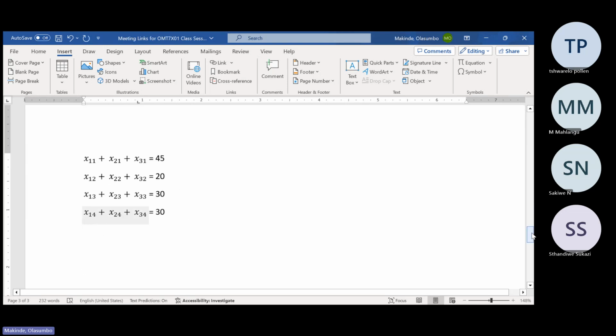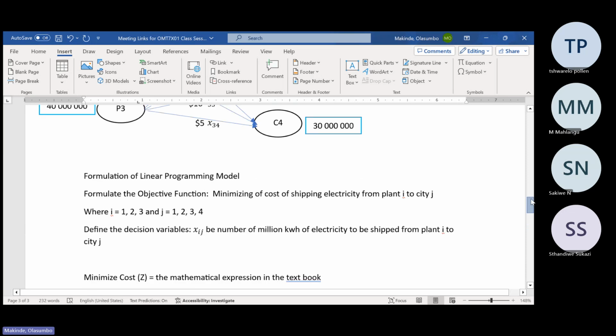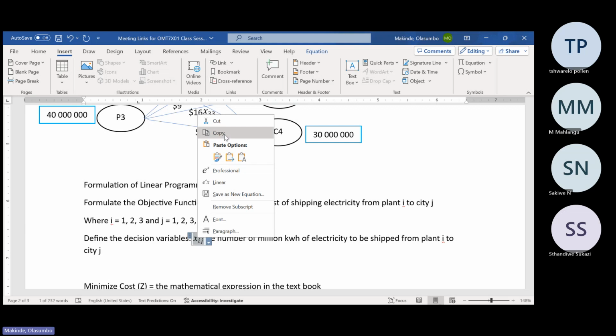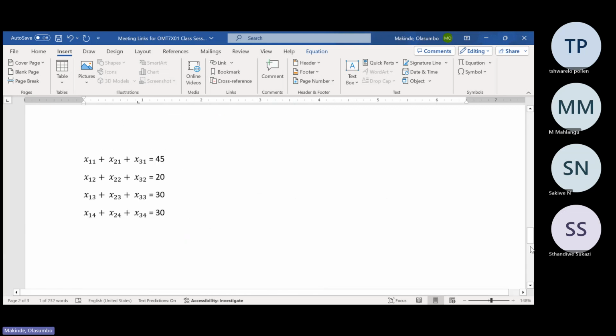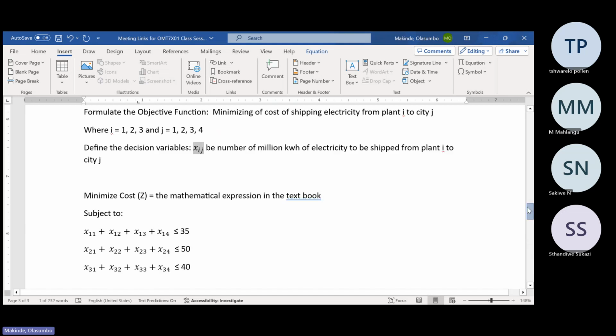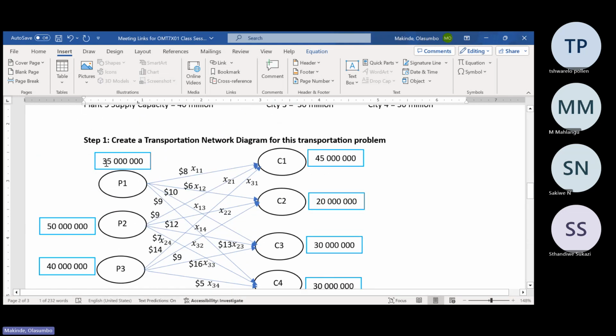The last thing which you need to do now is write the non-negativity constraint. What is the non-negativity constraint saying? It means that anything you supply from the plant to the city, either you supply something or you supply nothing. It cannot be negative. If you look at the network, if I'm going to supply plant 1 to city 1, I am supplying something or I don't supply anything, but I cannot supply negative.